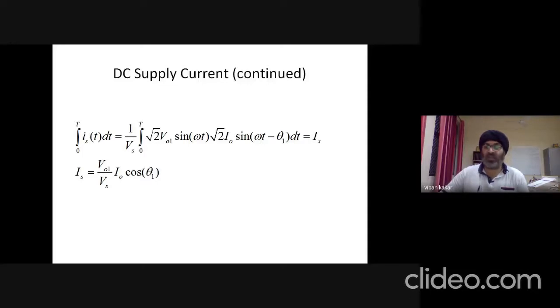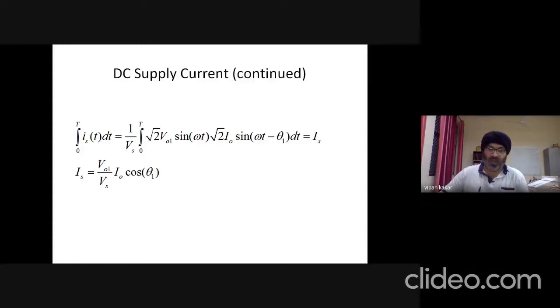Because at the input we have a DC supply. So in DC supply, only DC component is there. And at the output we have an AC supply, or AC conversion. So at the output we have alternating voltage or alternating current, which has several components, including fundamental superimposed with harmonic components.